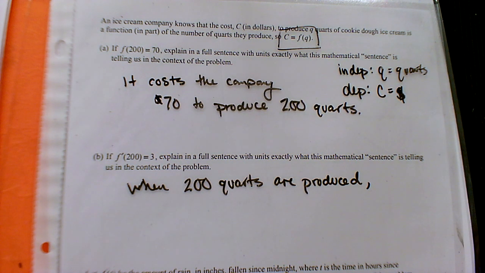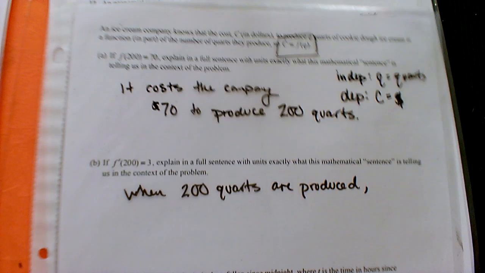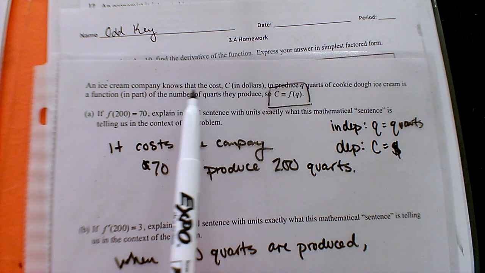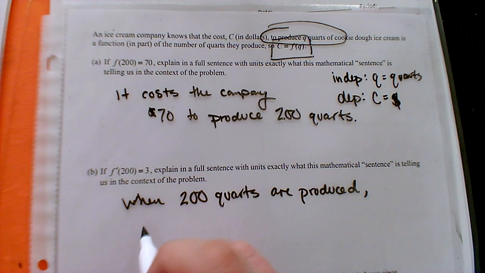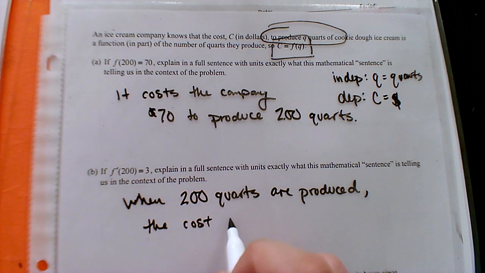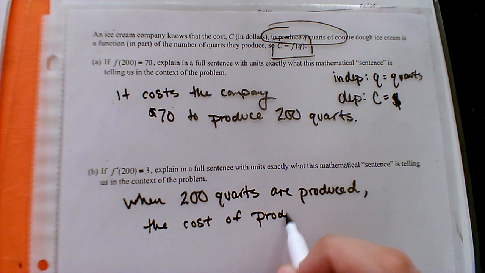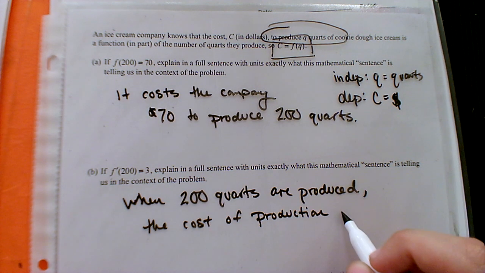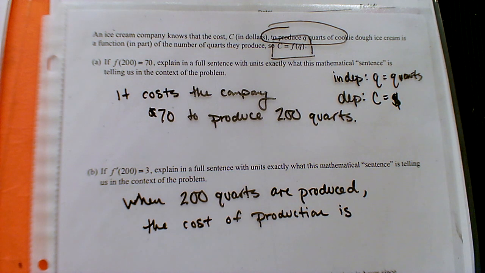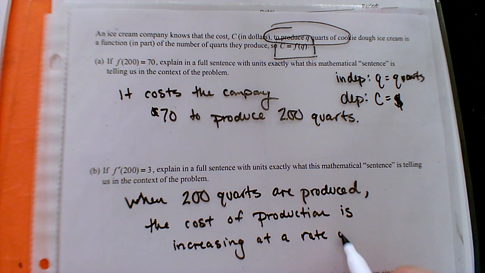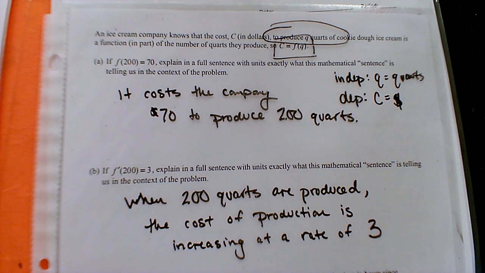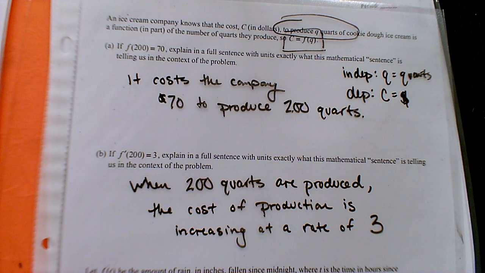It's a rate, because it's a derivative. When 200 quarts are produced, let's look at the wording. When 200 quarts are produced, the cost of production is increasing, decreasing? Is increasing at a rate of $3 what per what?